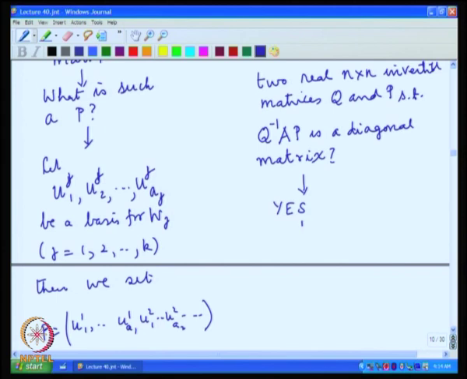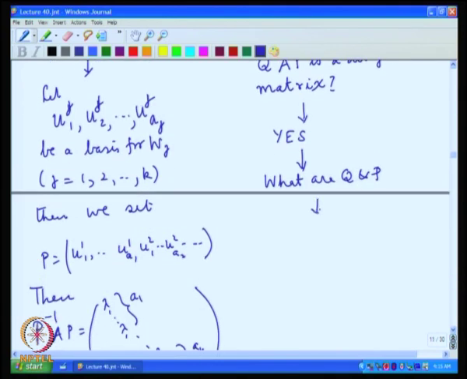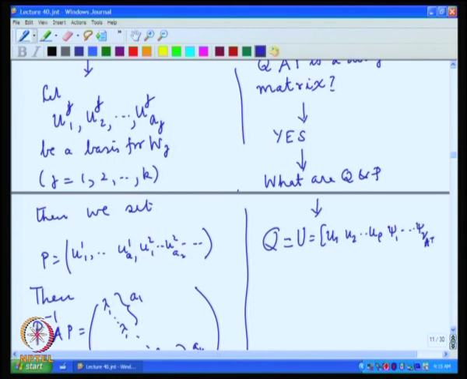And therefore, what are Q and P? The answer we had was, you choose Q to be the matrix U, which was u1, u2, ..., u_rho, psi 1, psi 2, ..., psi nu transpose.